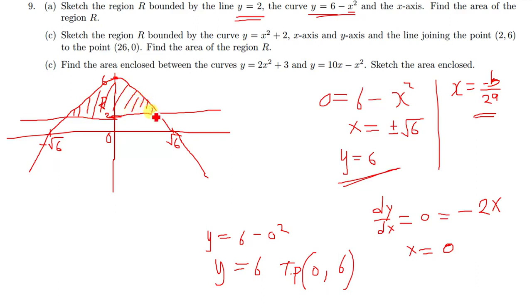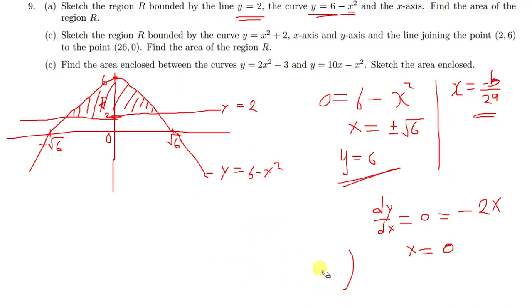So now, how do you find the area of that? We have this line y is equal to 2. We also have this curve y is equal to 6 minus x squared. So let us now start finding the area, because we have found the region which we actually need to find the area for.